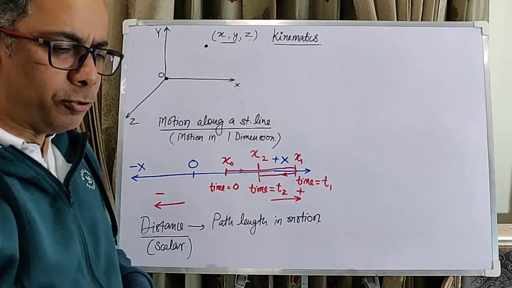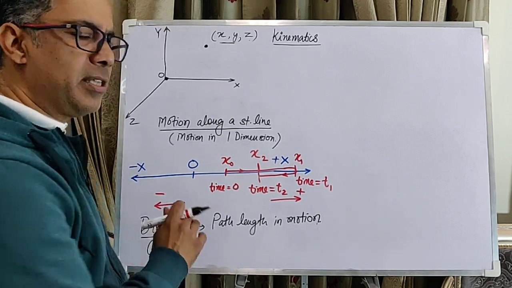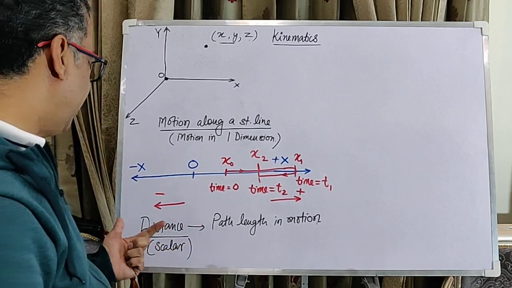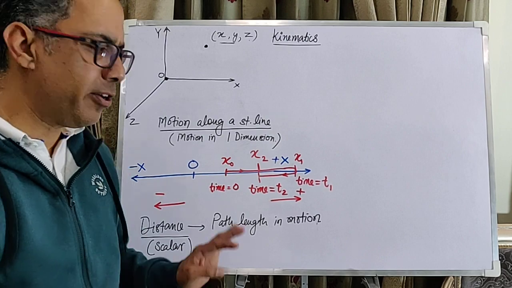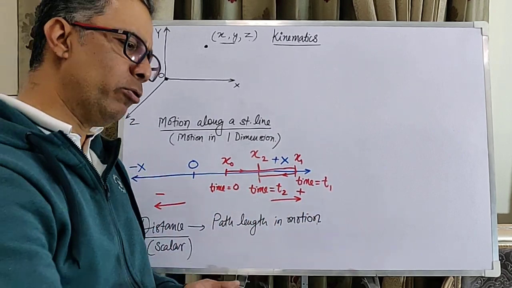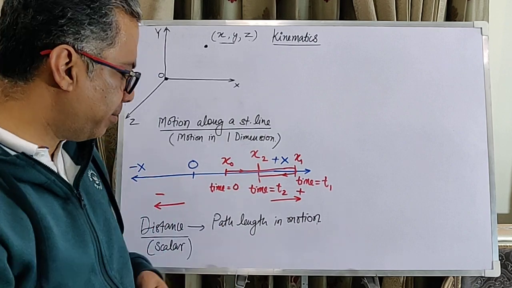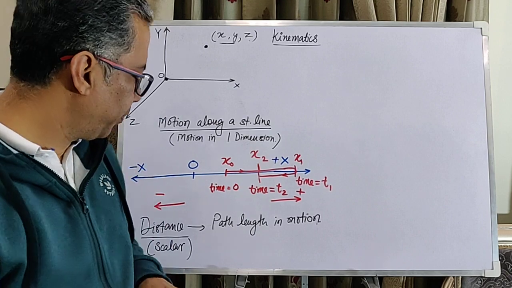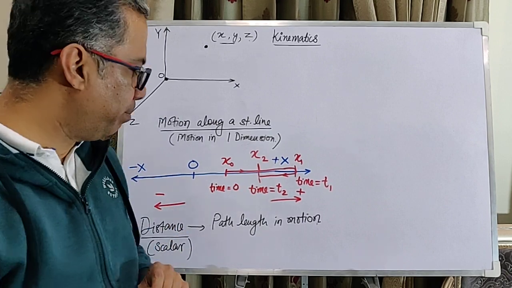Now from your junior classes you all know that scalar quantities are quantities which do not have any direction, and therefore they are simply represented by numbers, and they are also added and subtracted like numbers. So the algebra for study of these scalars is very simple.